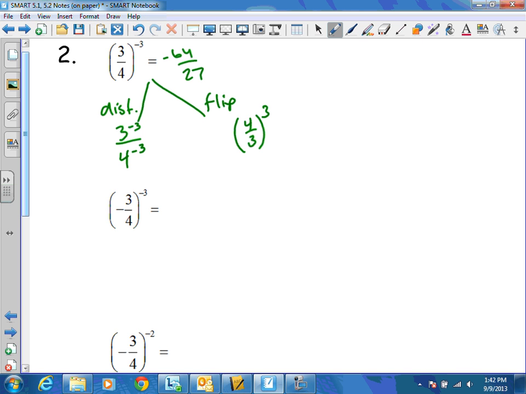Okay, pause. Jake, why did we make it negative? Just tell us your thought process. That's correct. So how would you get a negative from there? Just go through and make it a plus sign. So are we okay with that? Okay.